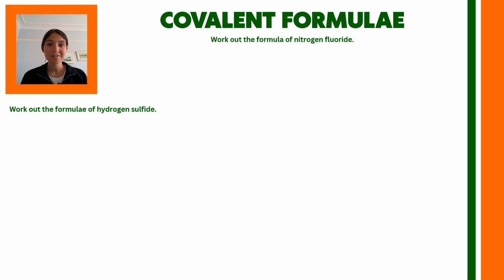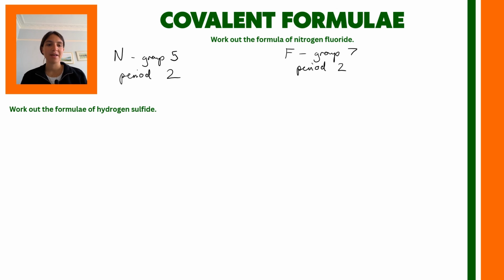Okay, now let's use that idea to try and do some covalent formulae. Work out the formula of nitrogen fluoride. We are going to be made up of some nitrogen atoms and some fluorine atoms as well. Nitrogen is in group 5 and period 2, and fluorine is in group 7 and period 2.